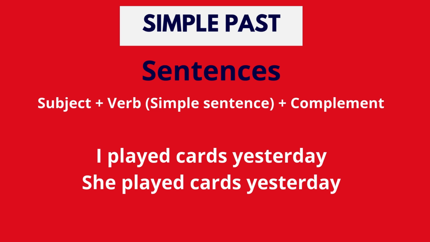In this case, we don't have to think about the she, he, it conjugation. It's not necessary because simple past is the same for every single pronoun. I played, she played, we played, they played, he played. It's the same. So here I have two sentences that follow the structure. I played cards yesterday. She played cards yesterday.